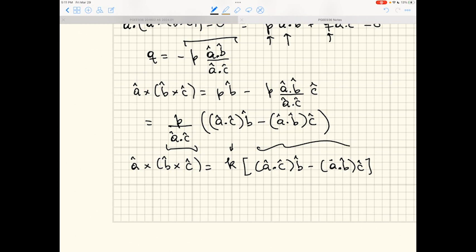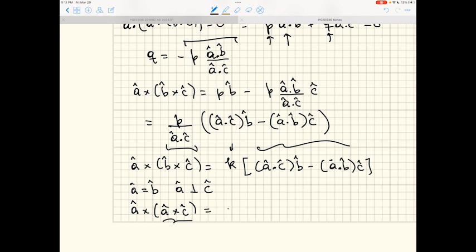In particular, I can choose, for instance, A equals B, right? A equals B, and A orthogonal to C. So what we're going to have is A cross A cross C, in which those versors are orthogonal.